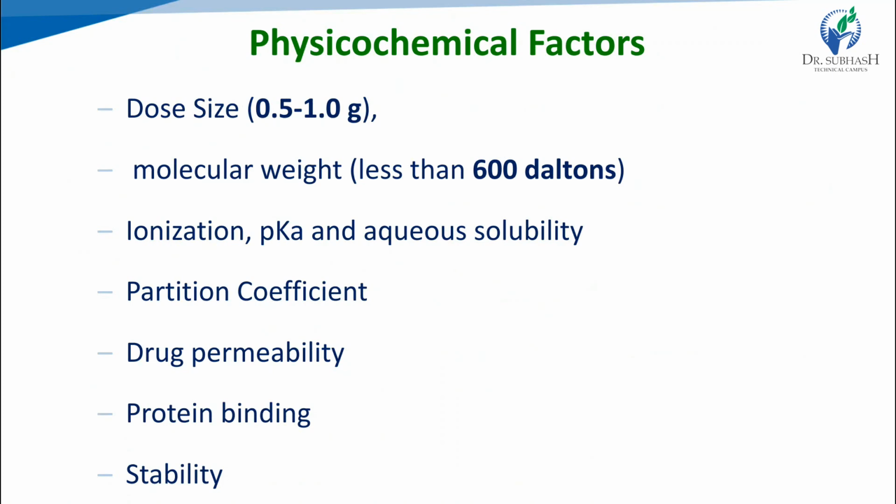Molecular weight: less than 600 Daltons is suitable, because if molecular size or weight increases, absorption becomes difficult. For absorption by passive diffusion, the drug has to cross the cell membrane, and the ideal criterion is a drug molecule size of less than 500 or 600 Daltons, which easily crosses the cell membrane by passive diffusion. Larger molecules do not cross the cell membrane by passive diffusion; they go by other mechanisms like endocytosis or carrier mediated transport.